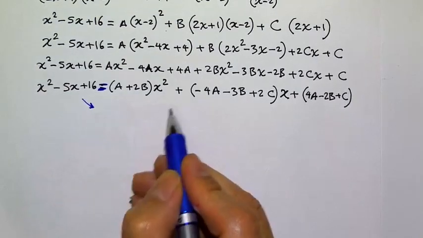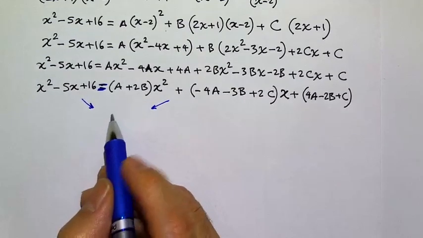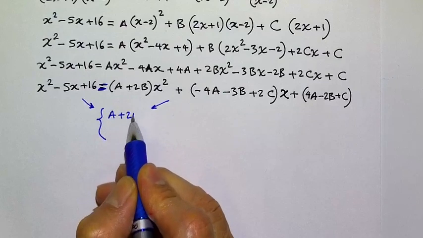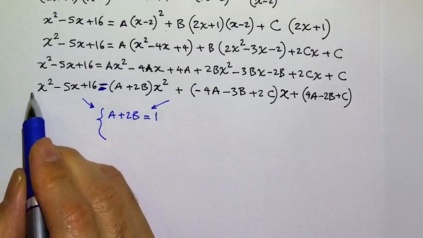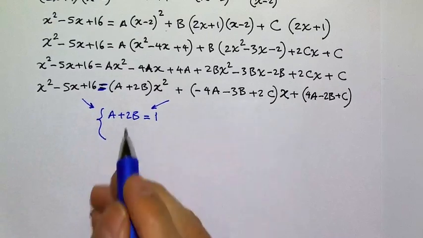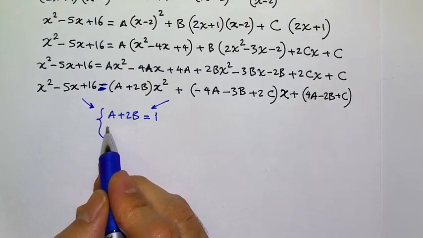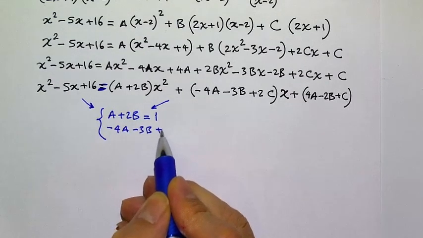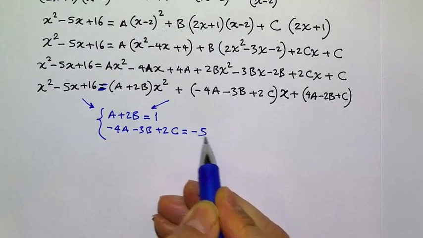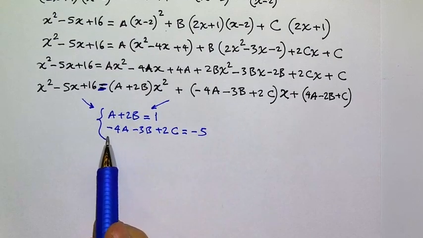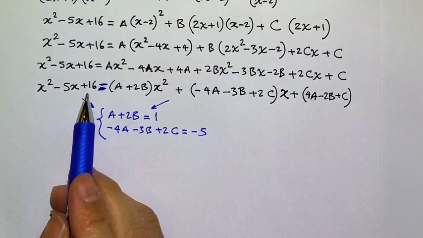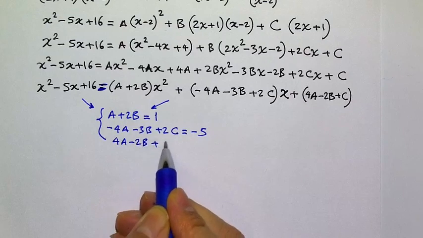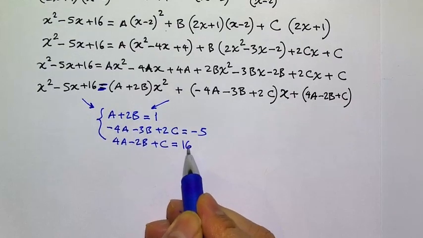We have a plus 2b equal to 1. All of that should be equal to minus 5. Right? I'm just double checking now. Okay. And all of this should be equal to 16. Like that.